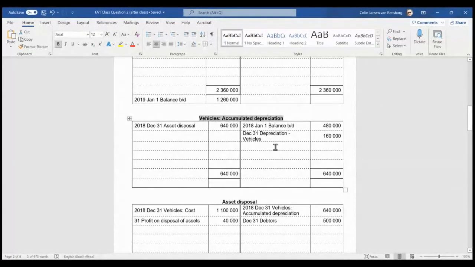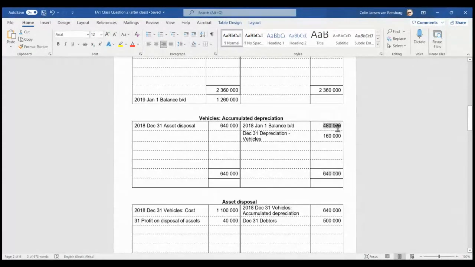This is the contra account for the depreciation expense, right? So we credited this account with the depreciation that we have written off this 2018 financial year, 160,000. That means the total balance on our credit side on the date of disposal comes to 640,000.